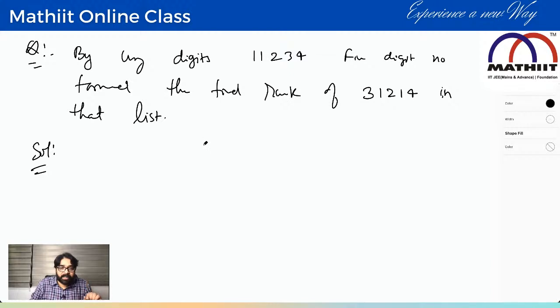How many numbers are there which start from 1? There are a total of 5 places. 1 is fixed here, and the rest can be arranged in how many ways? 4 places and 4 objects, all different. So we'll say 4 factorial.